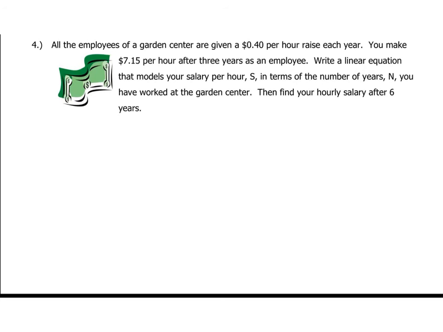So we know that every single year you get a 40-cent increase. So if $7.15 is your total, and we know that you get 40 cents per year, we want to know what the starting rate was.